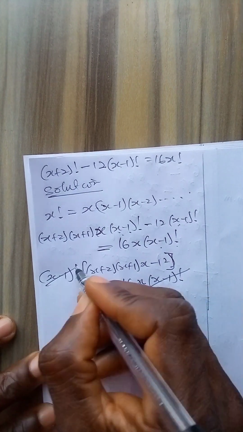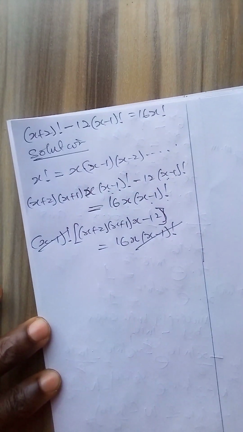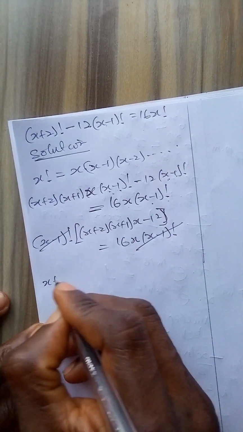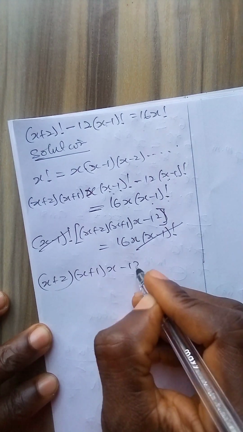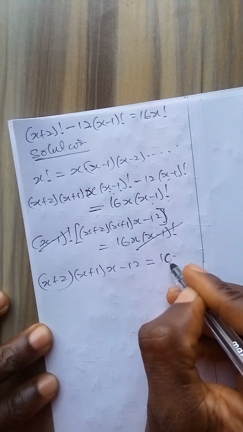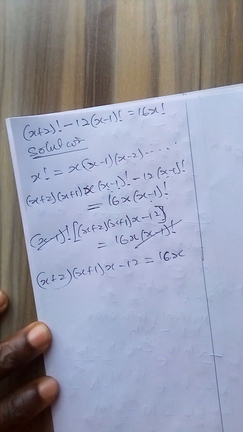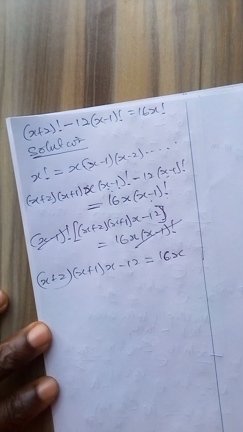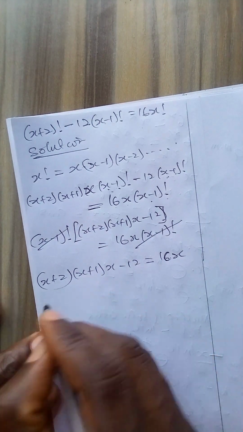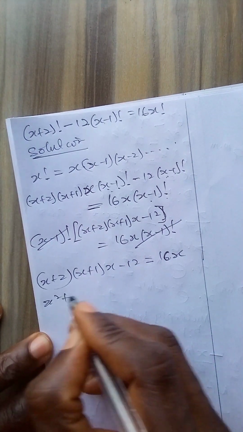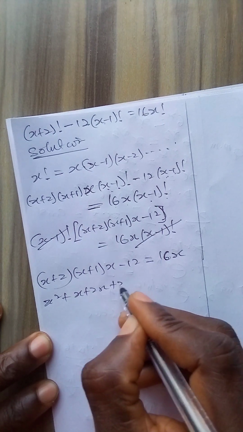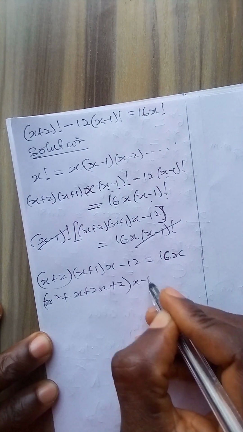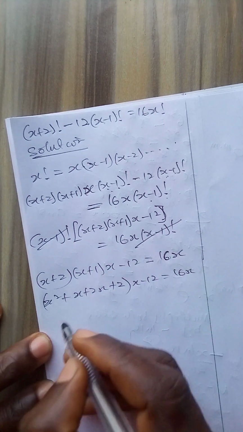So this and this will cancel out comfortably, remaining (x plus 2)(x plus 1)x minus 12 is equal to 16x. I have a polynomial of degree 3. If I open these brackets, I have (x squared plus x plus 2x plus 2) times x minus 12 is equal to 16x.